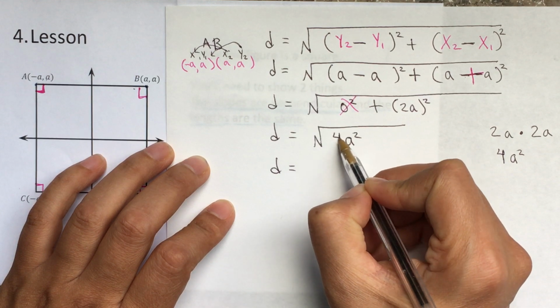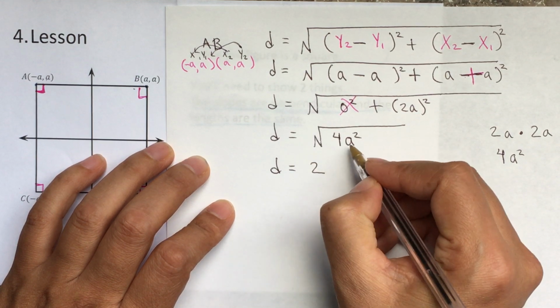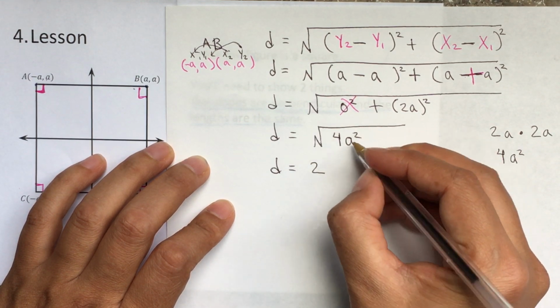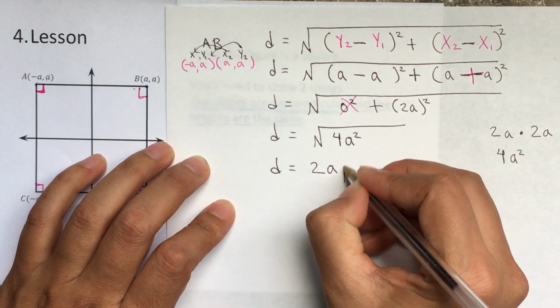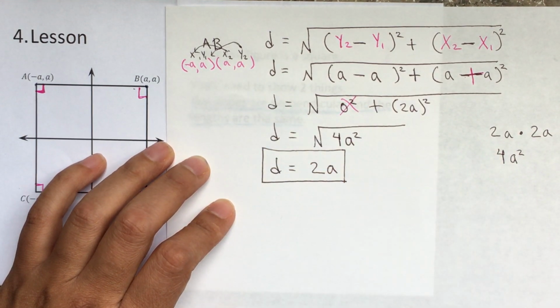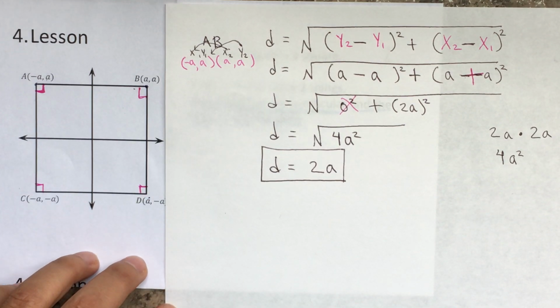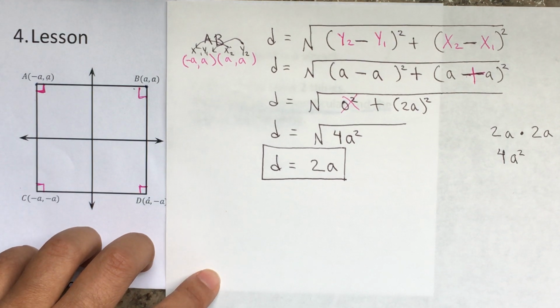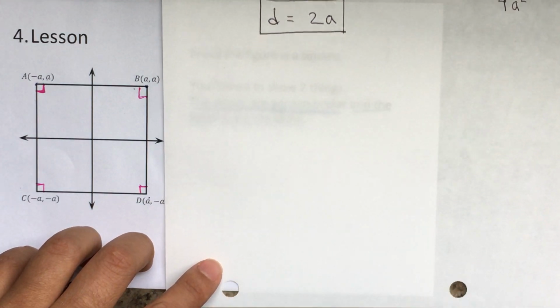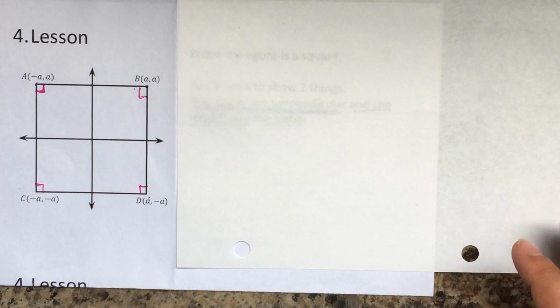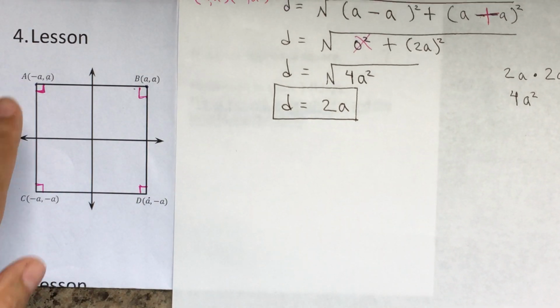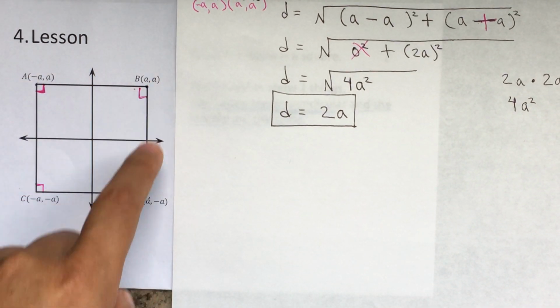The square root of 4 is 2. The square root of a squared is a, and so that will be the distance from that. So take a minute to copy this. I would pause the video. Now let's see. So we looked for AB. Now let's look at BD.